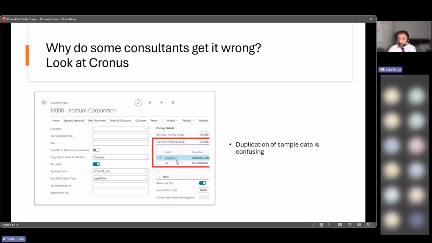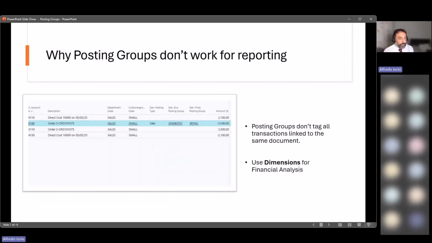This is a copy of the VAT posting groups in this region, tax posting groups in the US, in America, right? So data is misleading, but also posting groups don't work for reporting, right? You might think that you might want to use them, but really, this is an example. You're looking at 4 transactions, 4 lines, 4 entries in my general ledger for 1 invoice, and it's the same invoice.